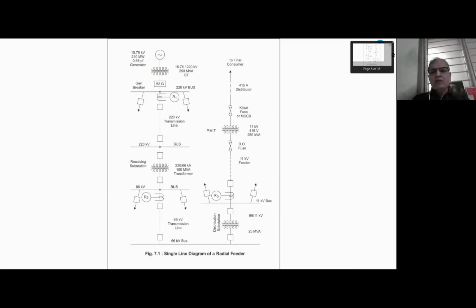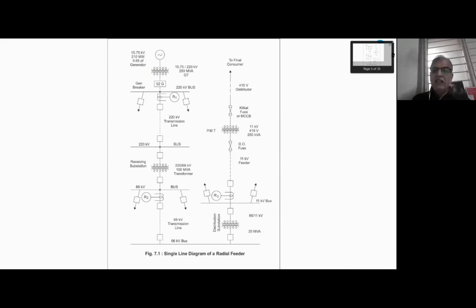So if the MCCB does not clear the fault in 415 volt distributor, then R3 will give backup. This is known as remote backup. That is a protective relaying system away from this main system towards the source. MCCB will give primary protection, R3 will give backup protection.